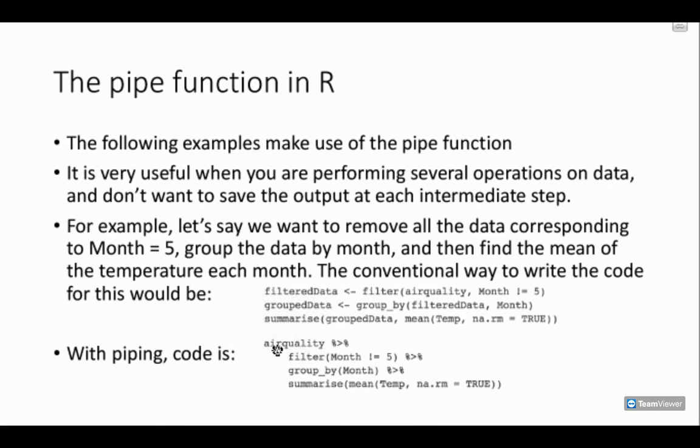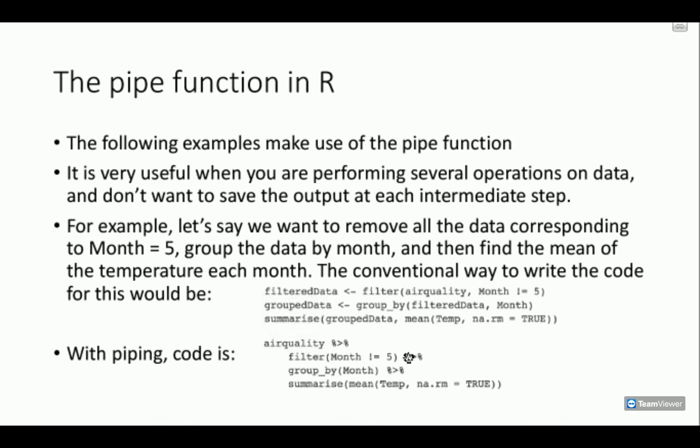The pipe function is very simple: you first use the data set name. Here we are using the air quality data set, using the pipe, and then running a series of functions, piping each to the next function. This way you don't have to store the individual data sets that come out of every step.